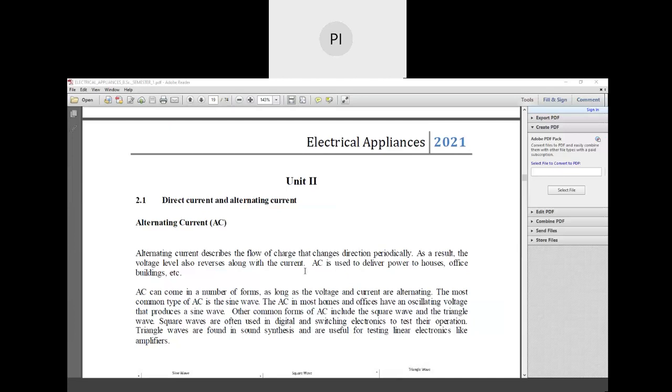The phase alters between positive cycle and negative cycle at regular intervals, then that current is called alternating current.